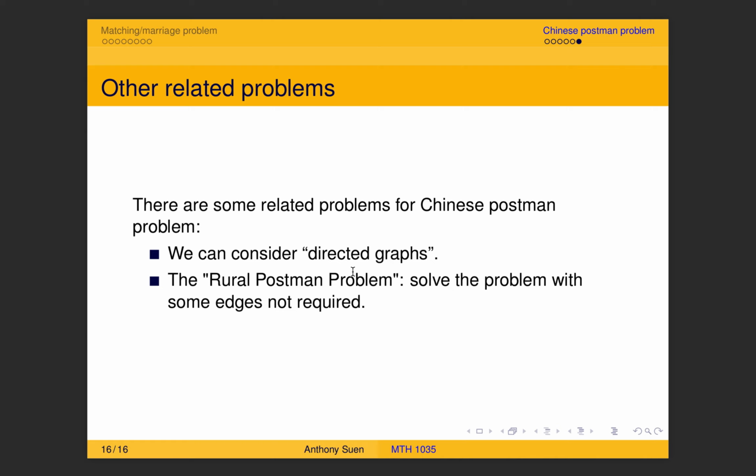So we have to solve the problem with some edges not required. That means in the graph we have some edges being restricted, so you cannot go through those edges for some reason. But that problem, I would say, is not as difficult as the other one, because it's sort of like you are not using some edges.